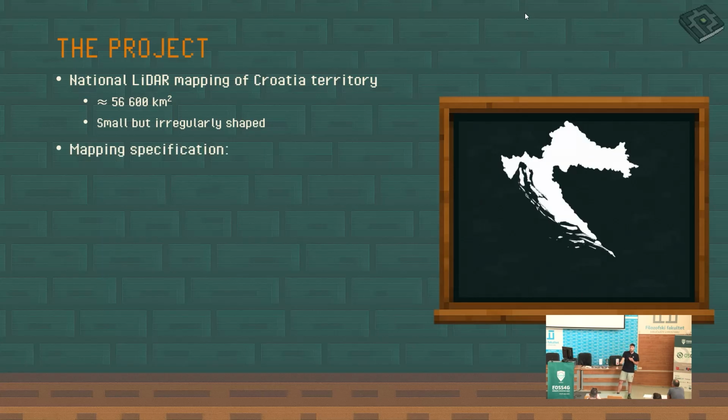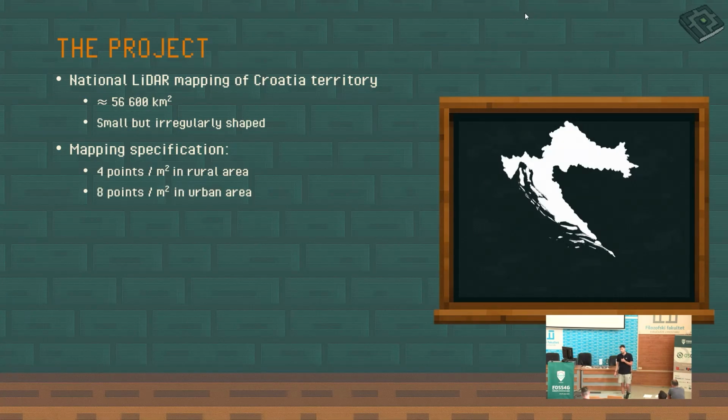The specification of the mapping was 4 points per square meter in rural areas and 8 points per square meter in urban areas. What we got was about 1.3 trillion points. To put that in perspective, planet Earth has 3 trillion trees, and this is almost half.